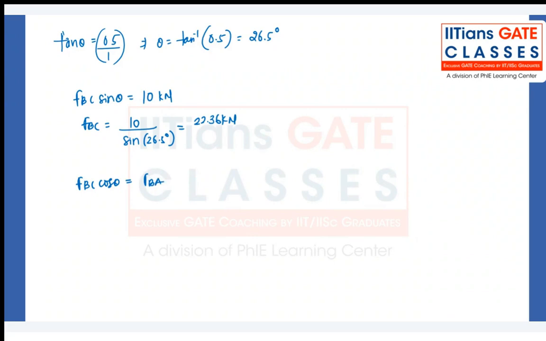So we can say BA is equal to 22.36 into cos of 26.5 degrees, and this will be close to 20 kilonewton.